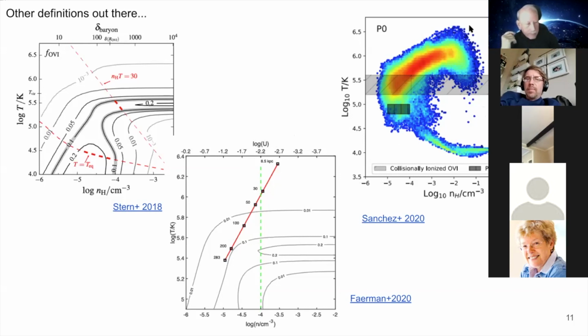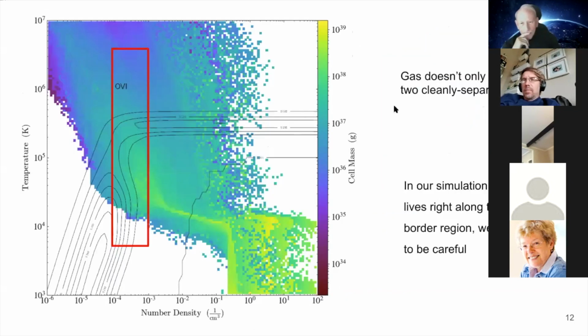And on the right side, we have one more attempt to define this, by Sanchez 2020. The colors here are a simulation output. I don't know a ton about the simulation, so don't worry about those too much, but basically their definition is that inside this hatched region you have collisionally ionized gas, or oxygen 6, and in this region you have photoionized. So there are lots of different ways to do this, and we're going to want to be really careful, and here's why.